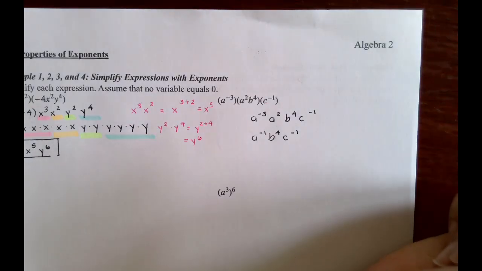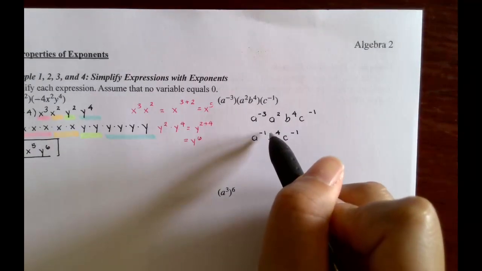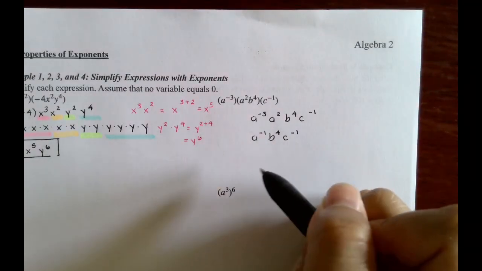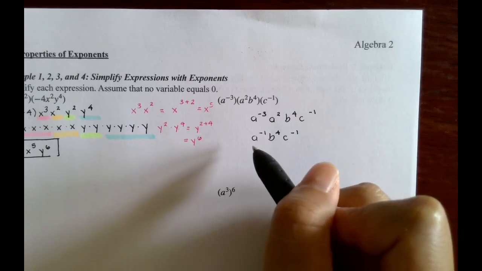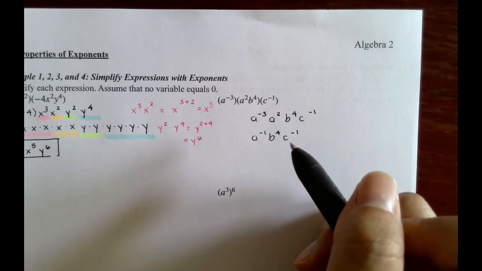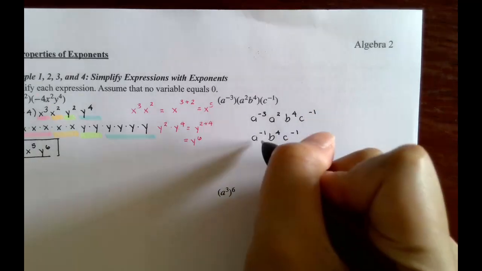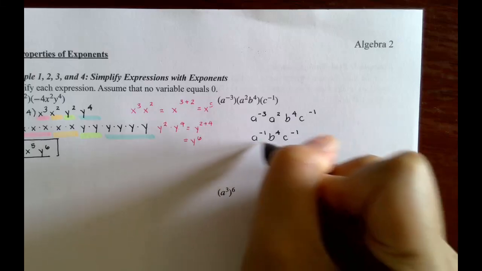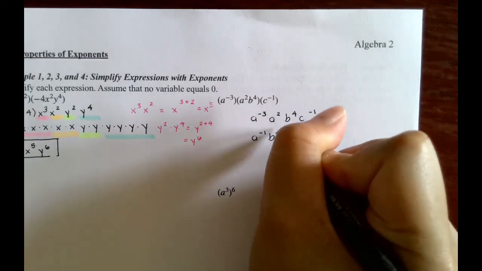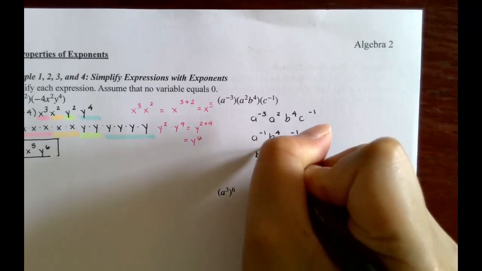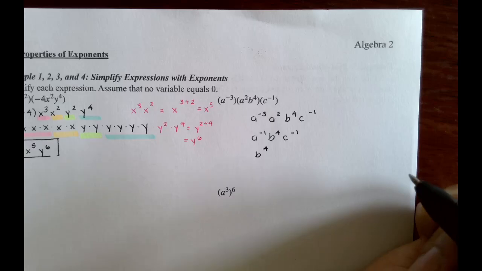And then when we have negative exponents, what we're going to do is they're going to move to the opposite side. So if they're on the numerator, if they're on top, they're now going to move to the denominator. And if they're in the denominator, they're now going to move to the top to the numerator. So here, since it's all in the numerator, right, b to the fourth is positive exponent, so it's going to stay where it's at.